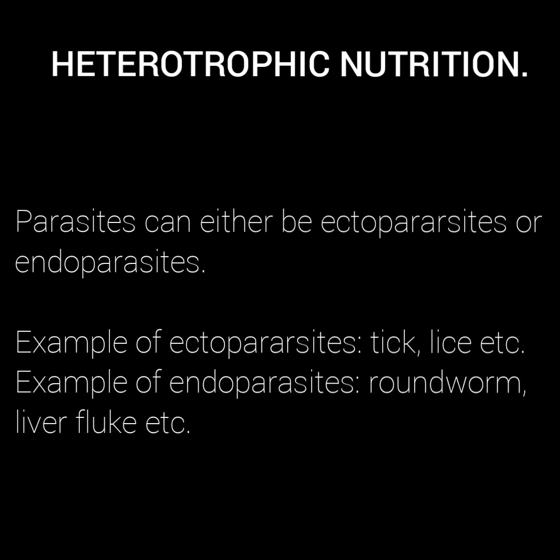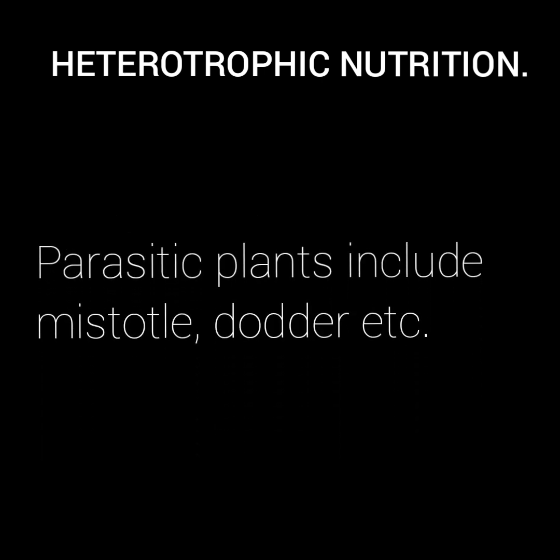Some parasites that live on the body of the host are referred to as ectoparasites. An example is the tick, while others live inside the body of the host. The organism they feed on is known as the host. An example of such an organism is the tapeworm. In plants also, mistletoes and the dodder are plants that exist as external parasites.